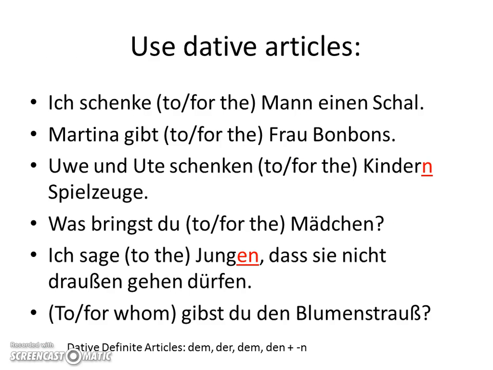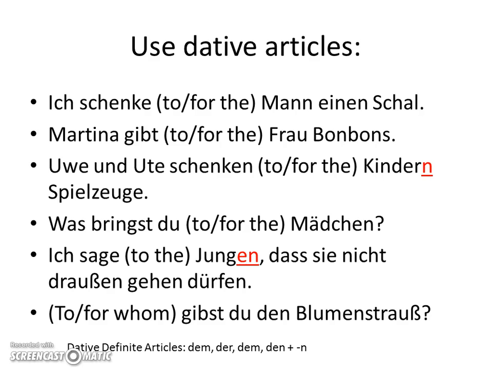All right. Go ahead and now practice using the dative definite articles dem, der, dem, and den on this page. I'll give you a minute and then we'll review it. All right, let's review. Ich schenke dem Mann einen Schal.